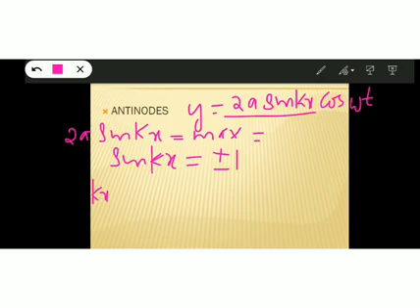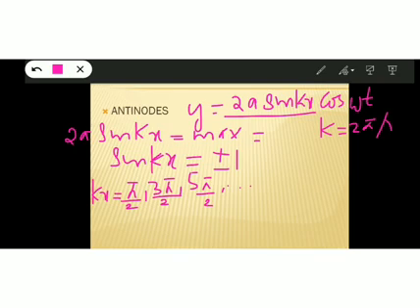When kx is equal to pi by 2, or 3 pi by 2, or 5 pi by 2, etc. That means when kx is an odd integral multiple of pi by 2. Again k is equal to 2 pi by lambda, we know that. Substitute 2 pi by lambda here. So we get 2 pi by lambda into x equal to pi by 2, 3 pi by 2, 5 pi by 2, etc. We can write the general condition as n plus half into pi.